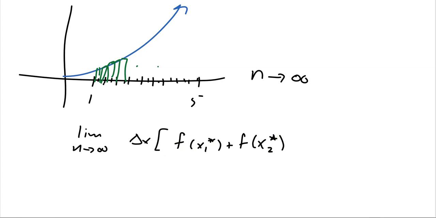These subscripts are really just talking about which rectangle we're doing the height of, all the way until we get to the very last one. So that's the limit that we're actually looking at to find out what the area actually is.